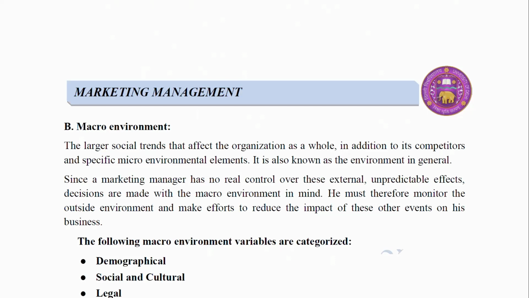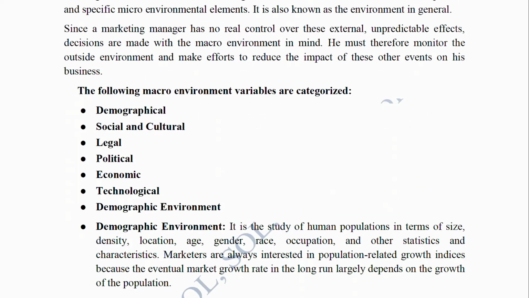Since a marketing manager has no real control over these external, unpredictable effects, decisions are made with the macro environment in mind. He must therefore monitor the outside environment and make efforts to reduce the impact of these other events on his business. The following macro environment variables are categorized: demographical, social and cultural, legal, political, economic, technological.